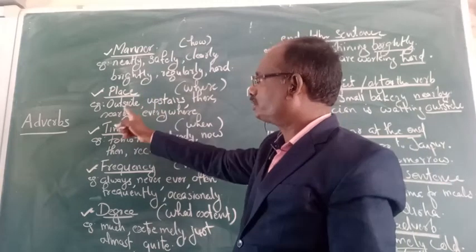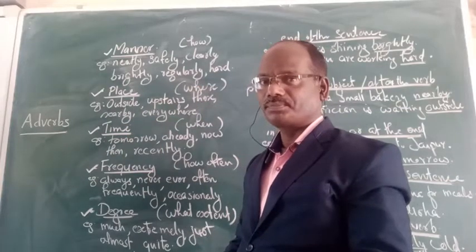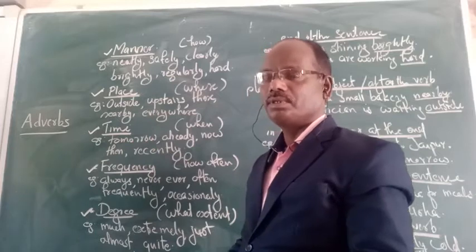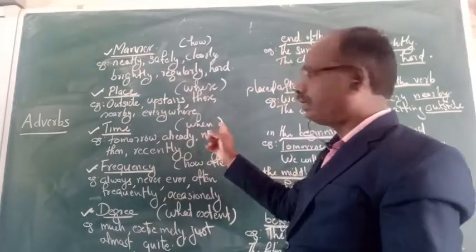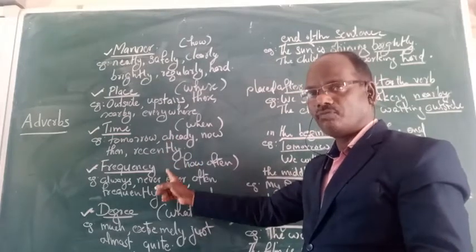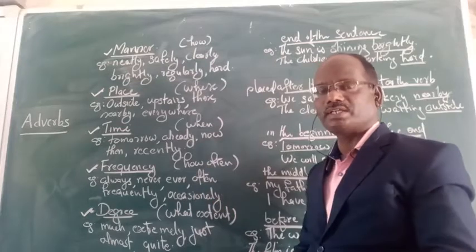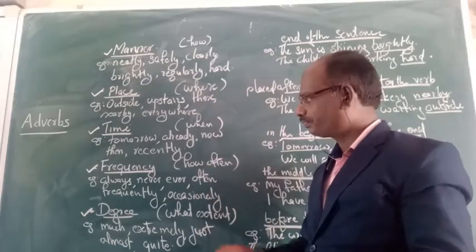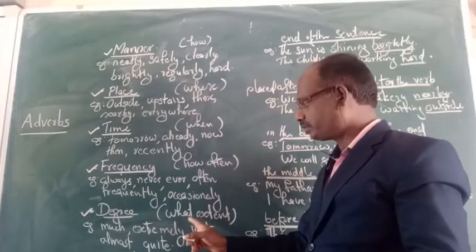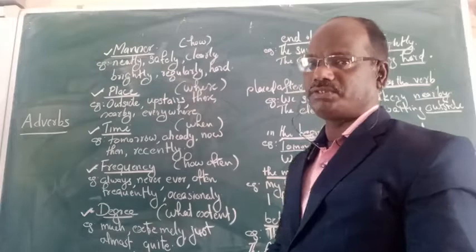Adverb of place tells us where an action takes place. Adverb of time tells us when an action takes place. Adverb of frequency tells us how often an action takes place. Adverb of degree tells us to what extent an action takes place.